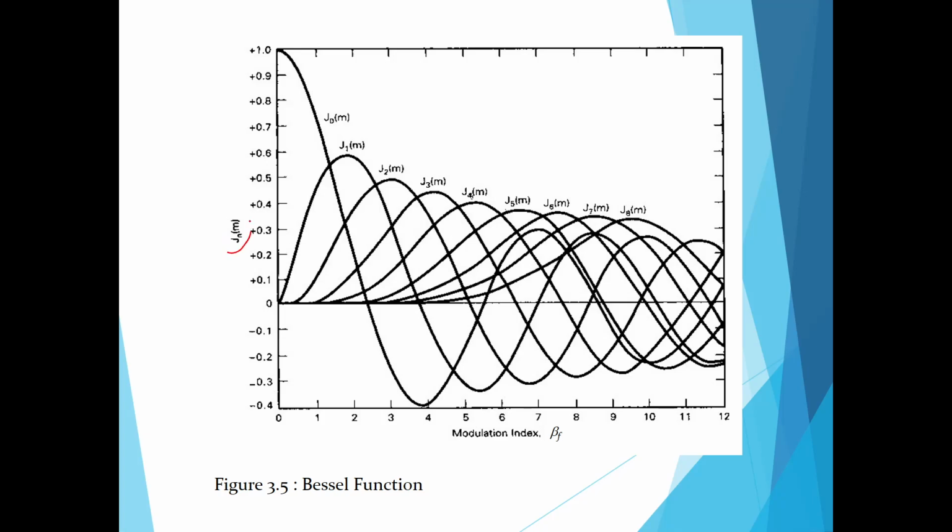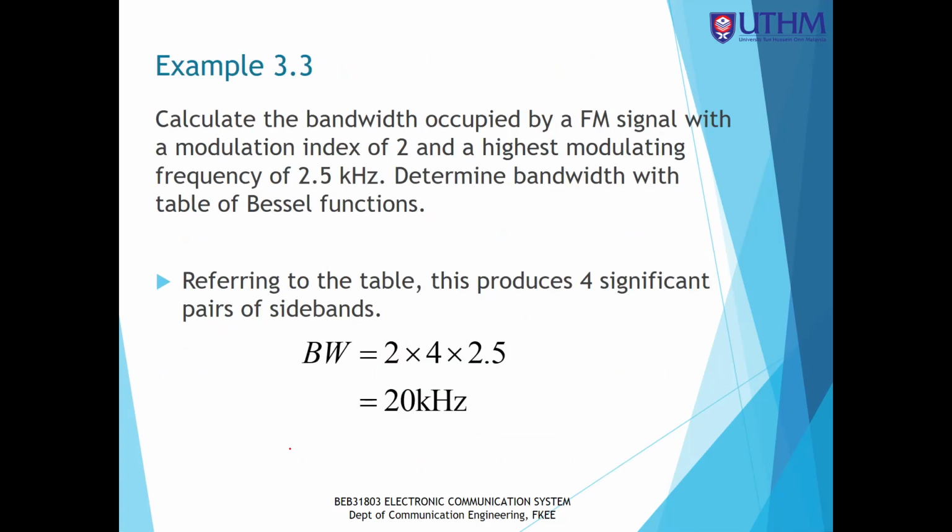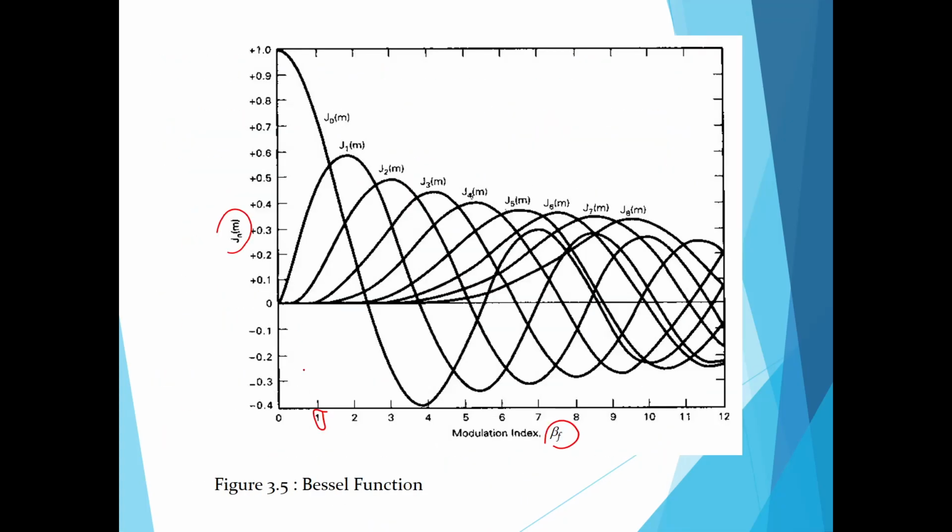So if you have a ruler, you can try on your own. For example, beta equal to 1, you can use your ruler and see where the line will cross.